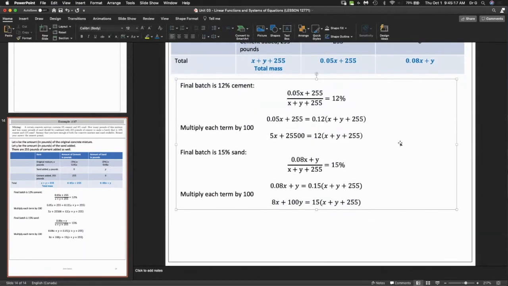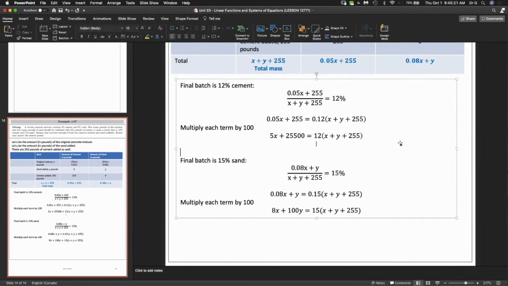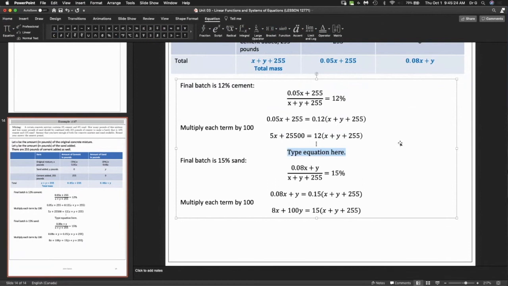And then after some steps here, the first one would become negative 7x minus 12y equals minus 22440. I'm going to make those all positive.